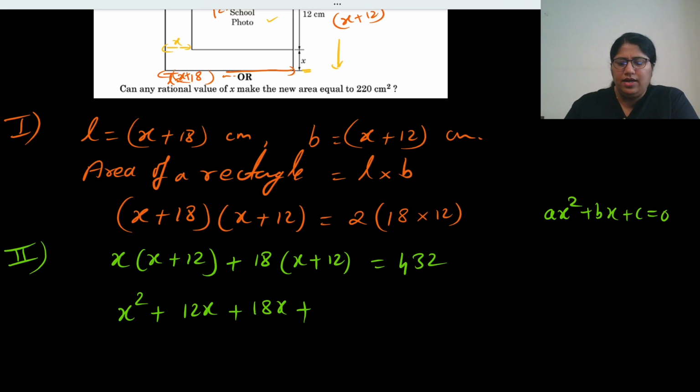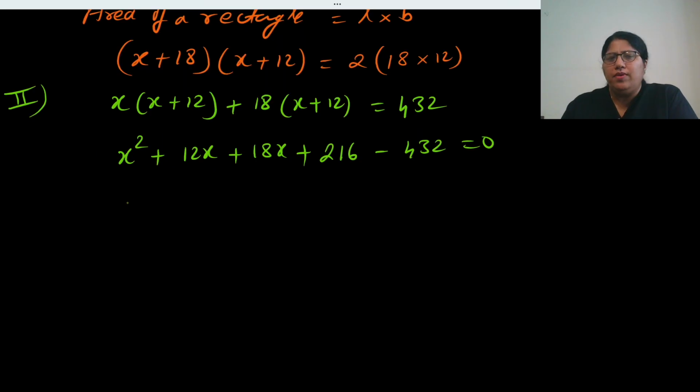What are you going to get? 18 times 12 is 216, minus 432 is equal to 0. So what will be the standard form of the equation? x square plus 30x, and if I do 216 minus 432, you'll get minus 216. So x square plus 30x minus 216 is 0. So this is your standard form of the quadratic equation, right?